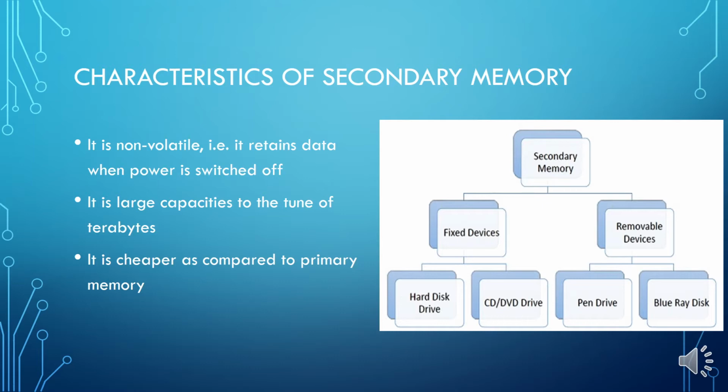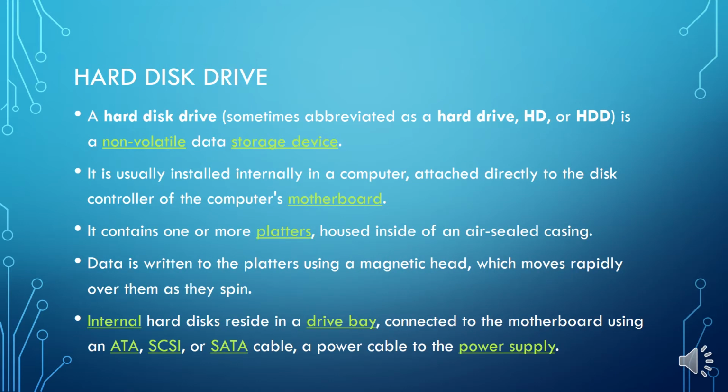Secondary memory is divided into two parts: fixed devices and removable devices. Fixed devices are further classified as hard disk drive and CD drive. Removable devices are pen drive or Blu-ray disc. All can be USB connected with the help of a USB connector. Now starting with hard disk drive.